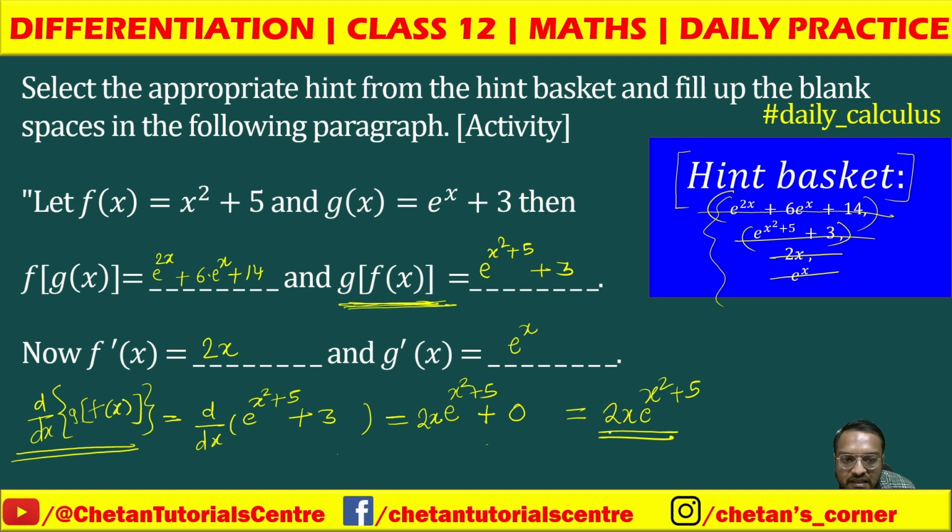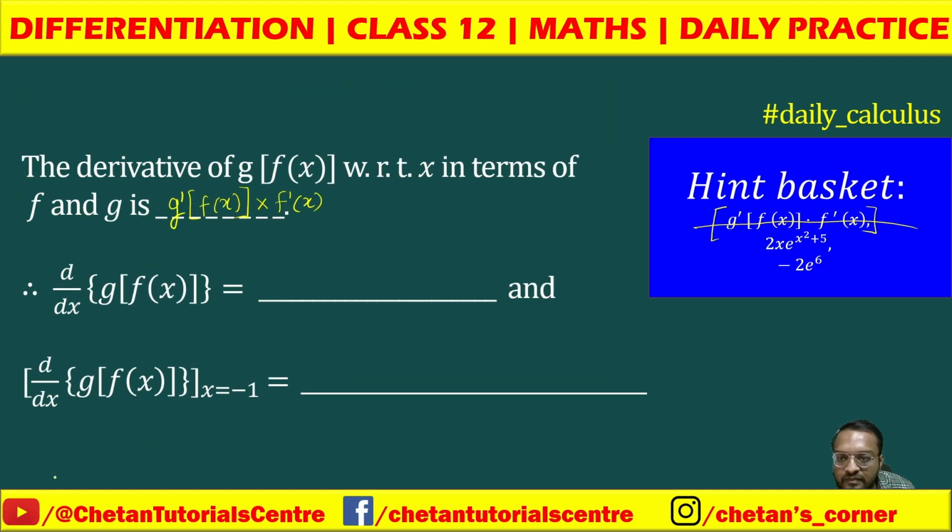So we will write this value in the blank space. Derivative of g of fx is 2x into e raised to x square plus 5. Now moving further, we will scratch this value out.